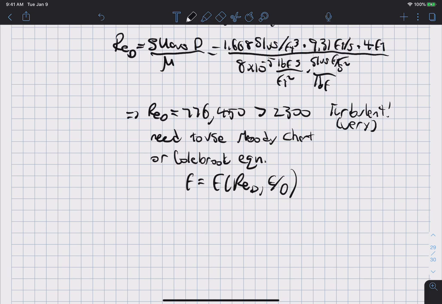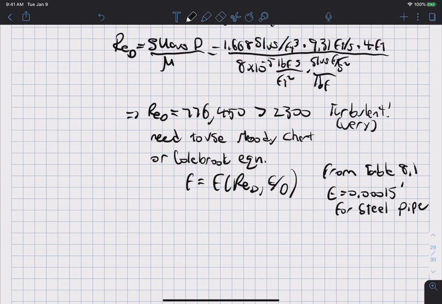And so from table 8.1, epsilon equals 0.00015 feet for steel pipe.